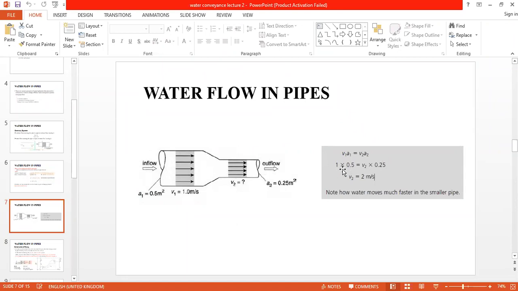So this equation now will be set up like this, and we just have to make the velocity subject of the formula. And then when we solve for it, we find that the velocity is 2 meters per second. So you see that now the velocity has increased from 1 meter per second to 2 meters per second because we've reduced the size. So the amount of water coming out of the pipe is going to increase as well.